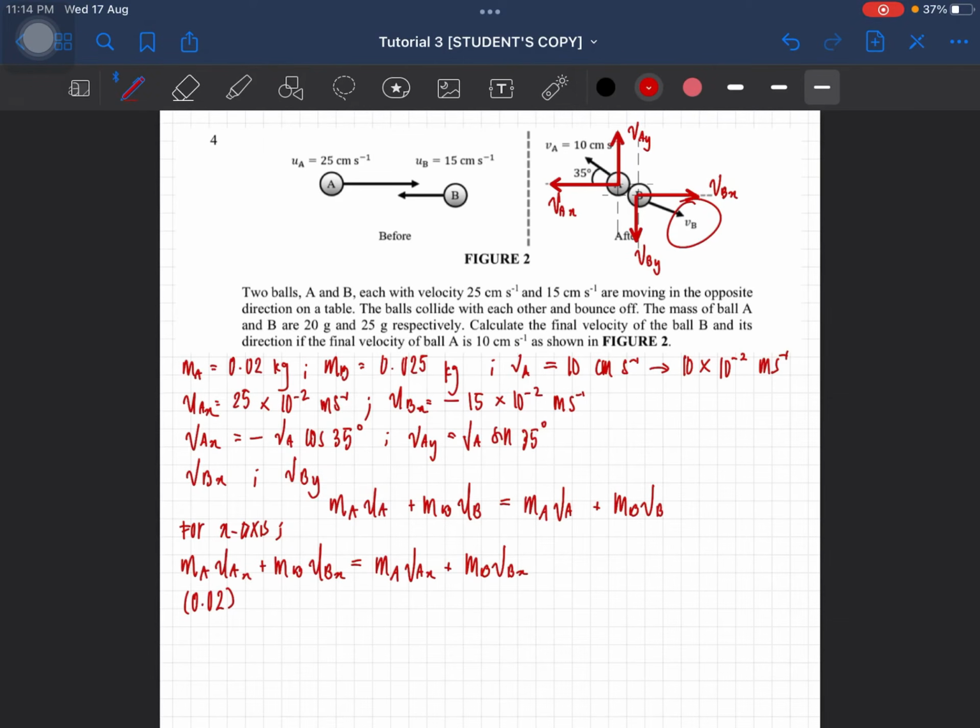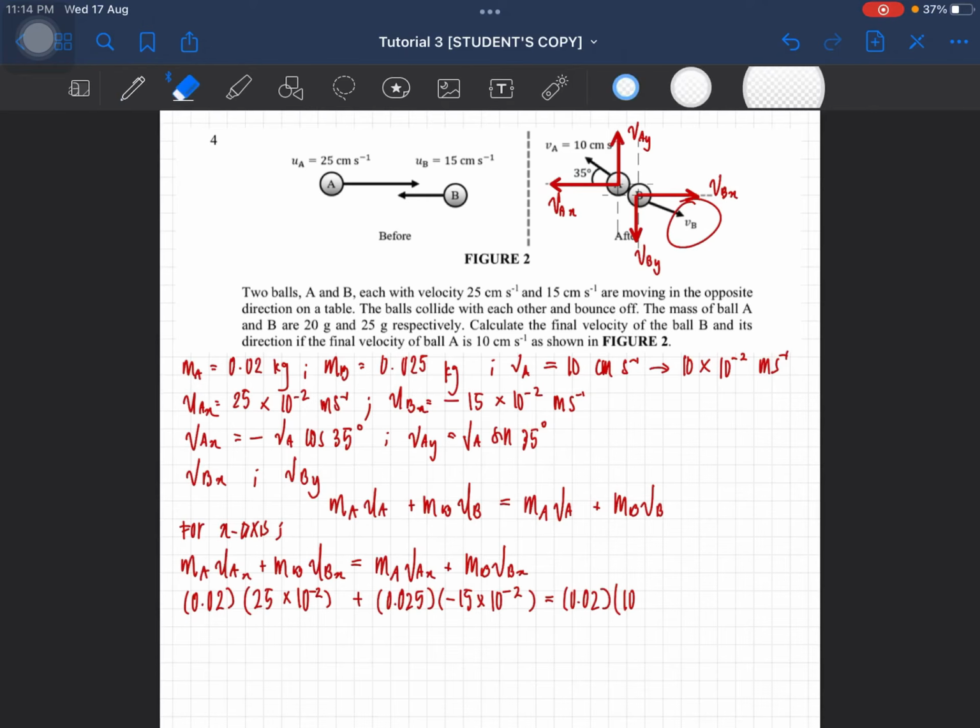So UAX is 25 times 10 negative 2 plus MB, which is 0.025, times the initial velocity for ball B, which is negative 15 times 10 negative 2, equal to 0.02 times the final velocity, which is 10.